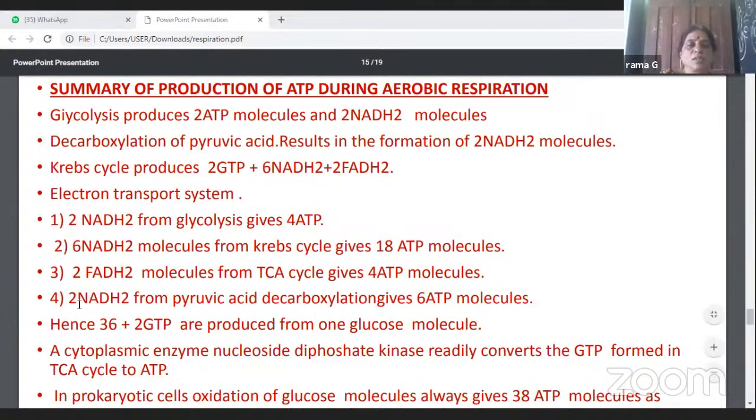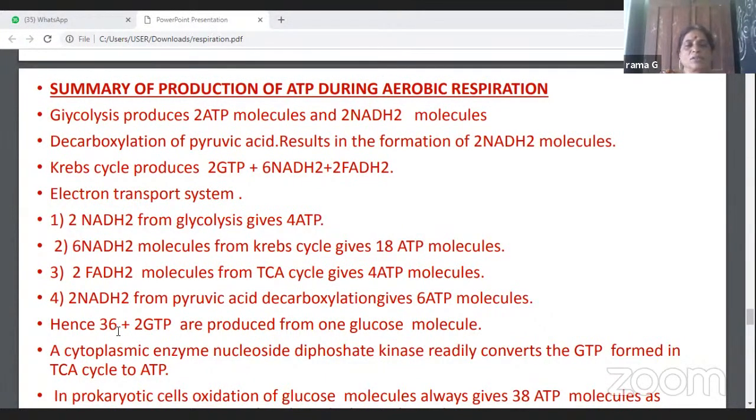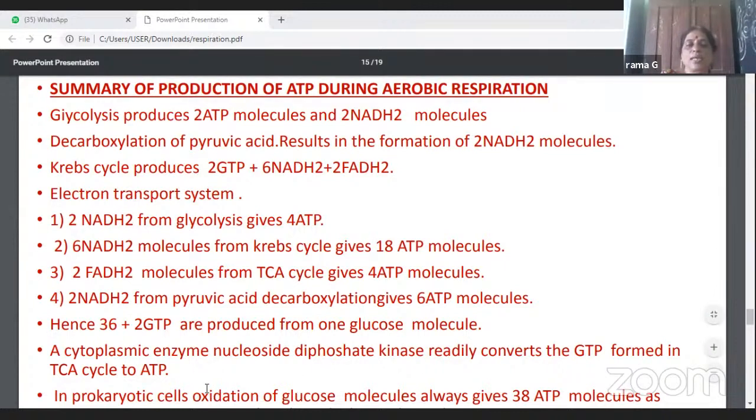That means multiply it with 3. So here the total number of ATP molecules is 36 plus 2 GTP, and that means a total of 38 molecules are produced from 1 glucose molecule. And a cytoplasmic enzyme, nucleoside diphosphate kinase, converts GTP into ATP.